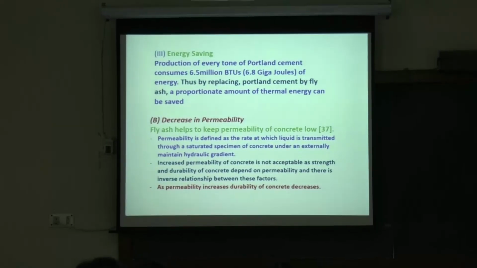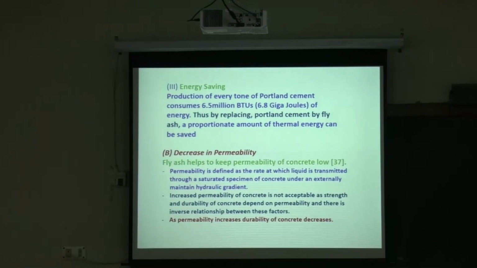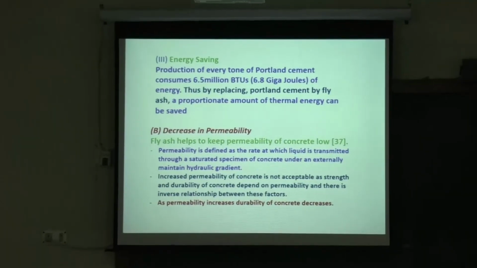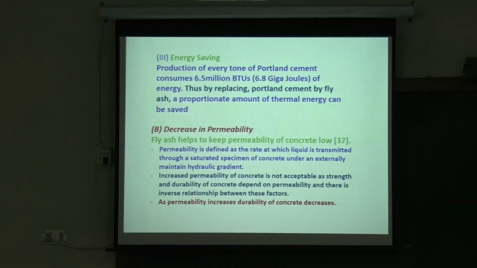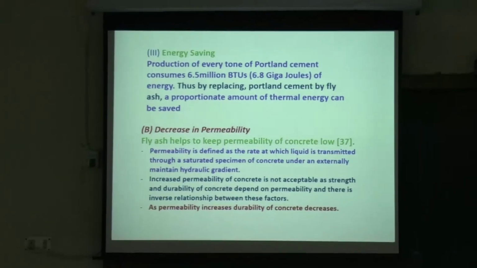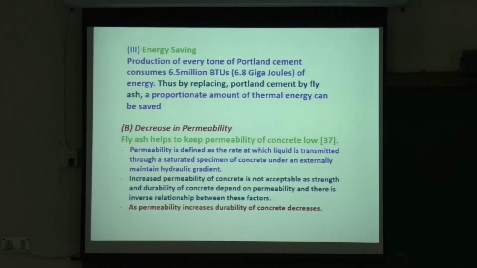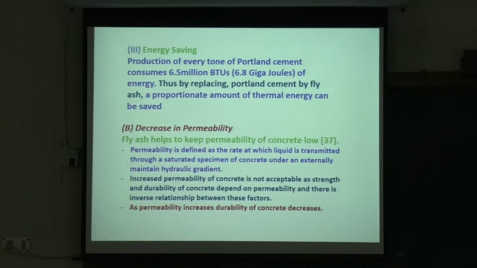The decrease in permeability: fly ash helps to keep the permeability of concrete low. What is permeability? Permeability is defined as the rate at which liquid is transmitted through a saturated specimen of concrete under an externally maintained hydraulic gradient. Now, increased permeability of concrete is not acceptable, as strength and durability of concrete depend on permeability, and there is an inverse relationship between these 2 factors.